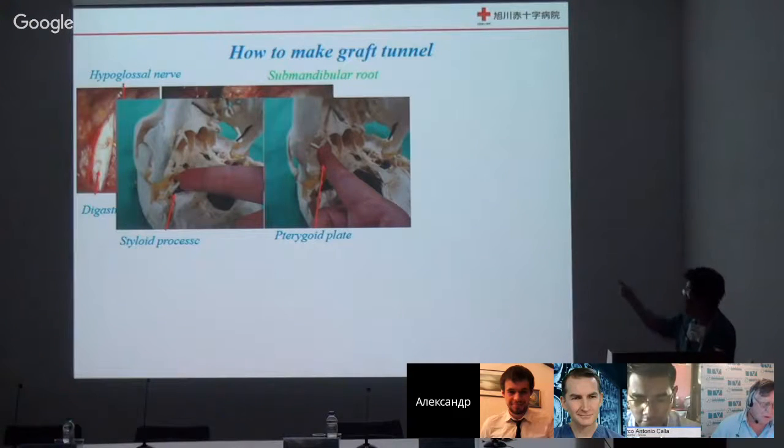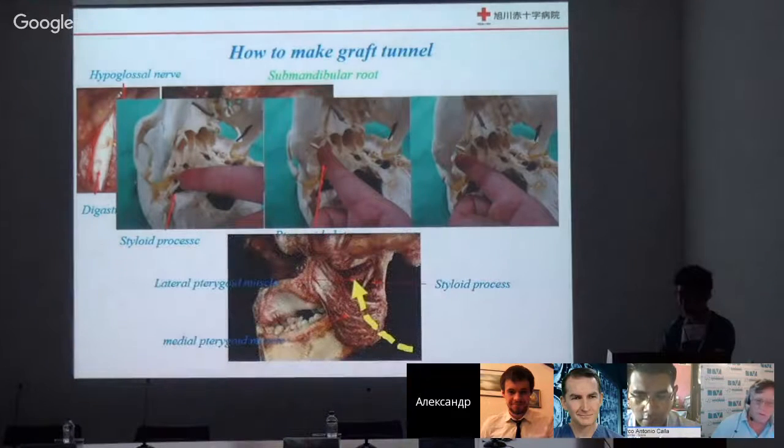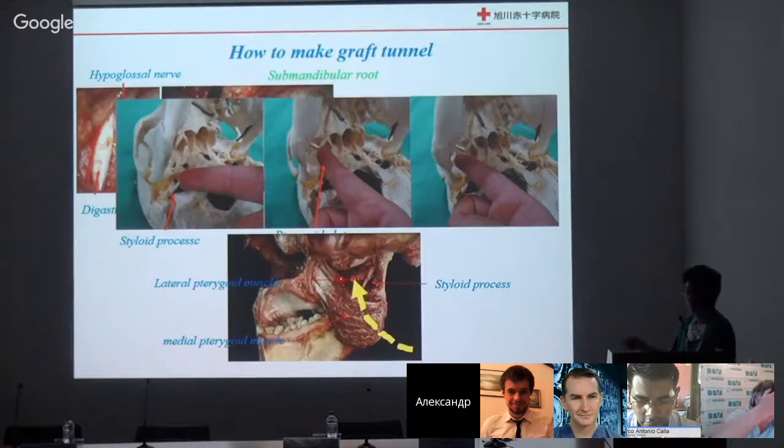Then move laterally, like this. This is the route. First landmark is the styloid process, touch the pterygoid plate, and go anterolaterally. This is just lateral to the lateral pterygoid muscle.